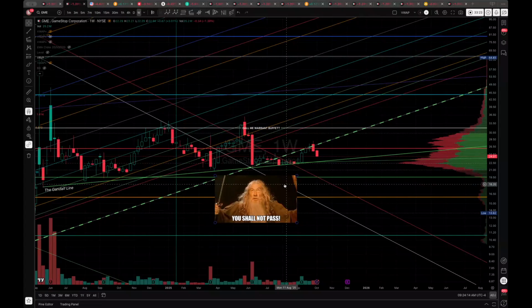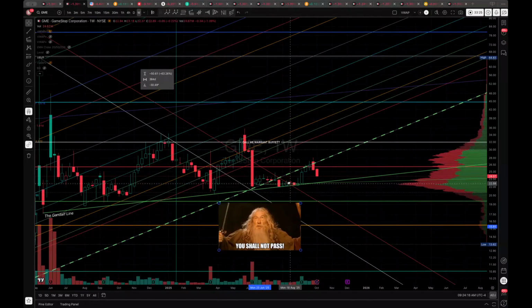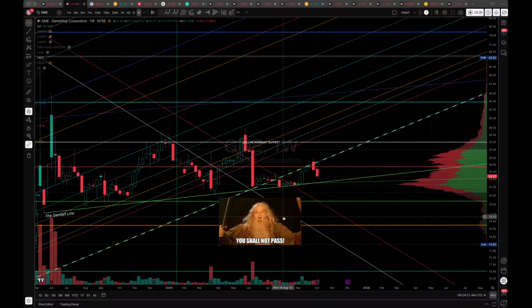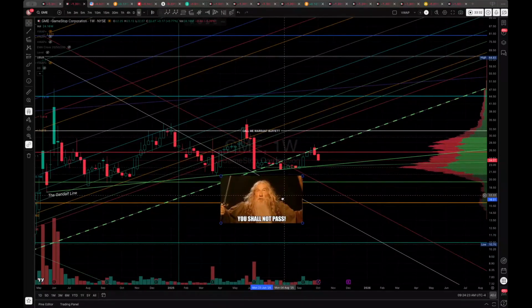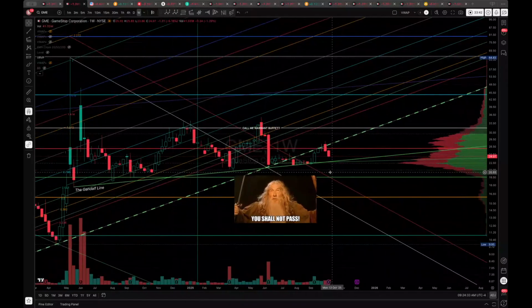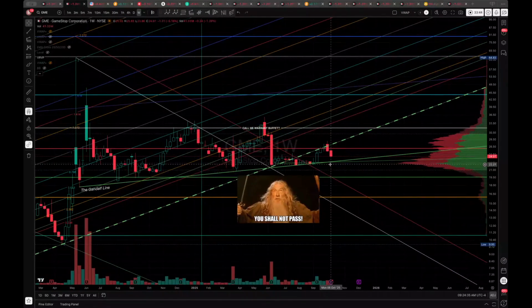But I will say that if I'm wrong about that and it does get pushed below it, it will be an extremely violent amount of volume that comes in there, and that dip will be bought aggressively. So that's kind of how my thoughts are on that.